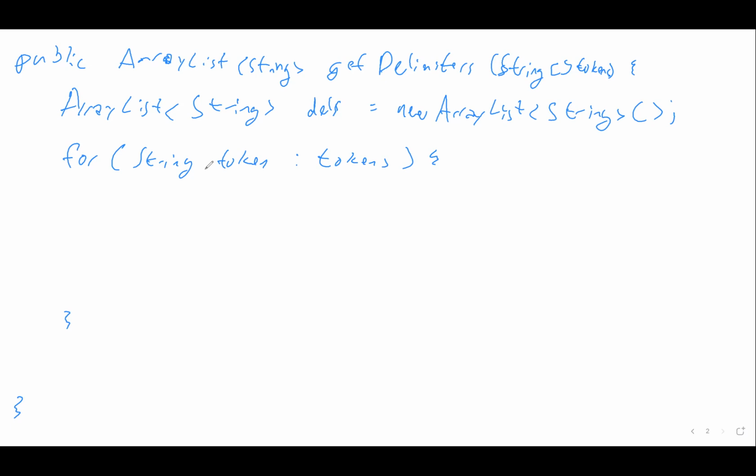So we want to check for each of these tokens if they are one of our two delimiters, right?